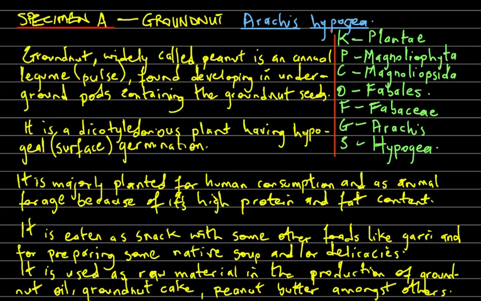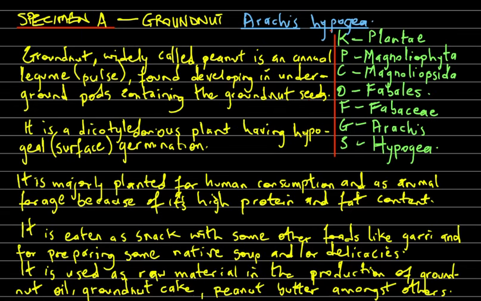It is a dicotyledonous plant, so it has two seed leaves, and it has hypogeal germination, so its seed leaves remain below the soil level. This particular crop is majorly planted for human consumption as well as used for animal forage because of its high protein value and fat content.